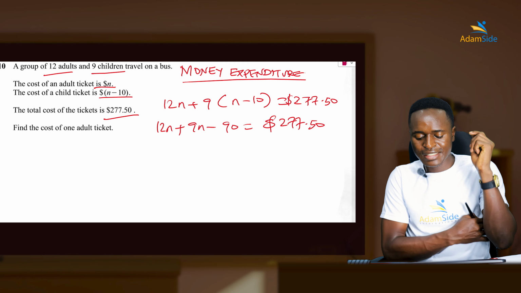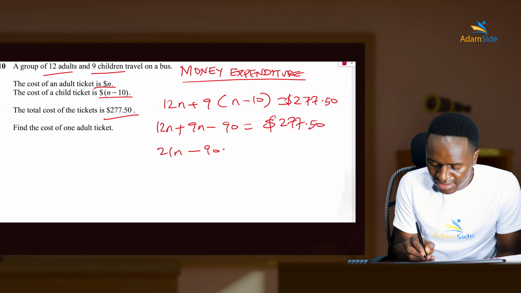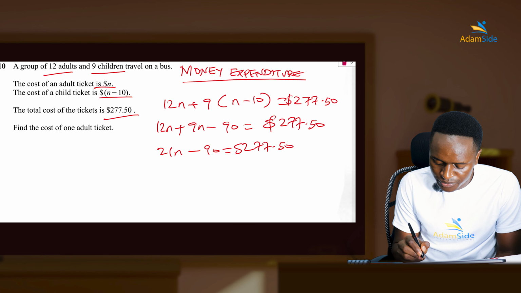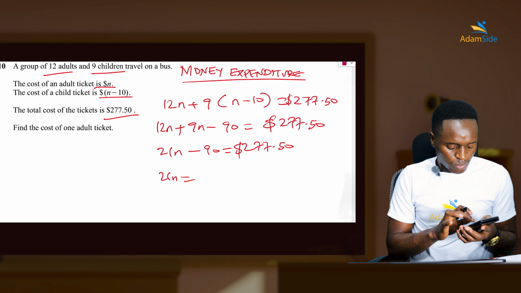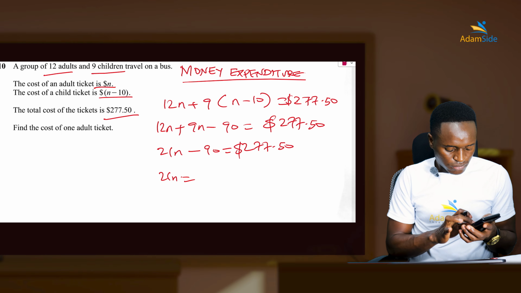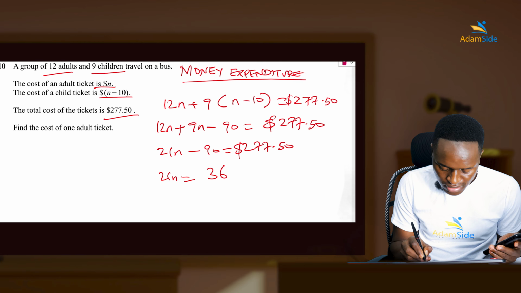So 12N plus 9N, you get 21N minus 90 is equal to 277.50. And then you say 21N equals 277.50 plus 90. What do you get? You get $367.50.